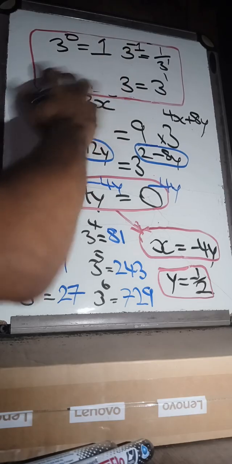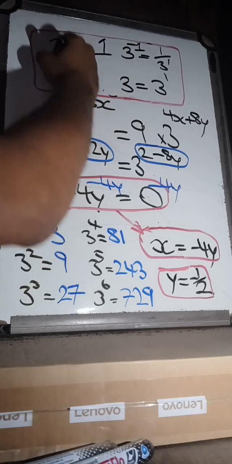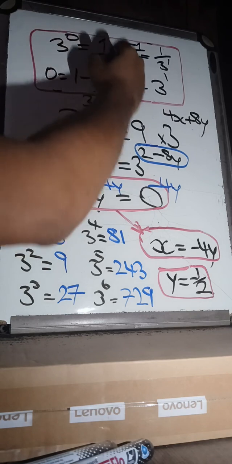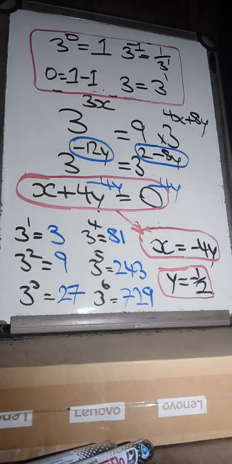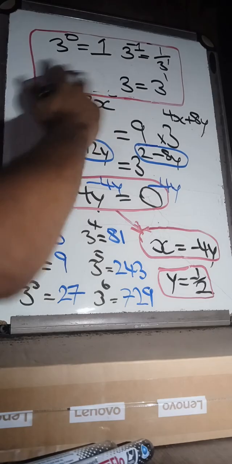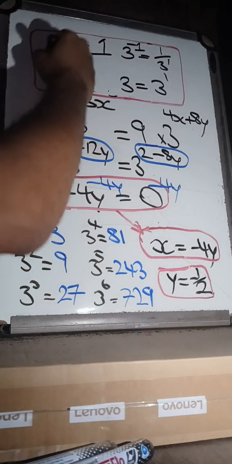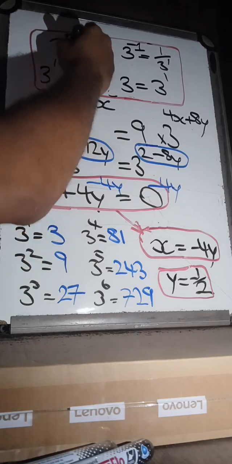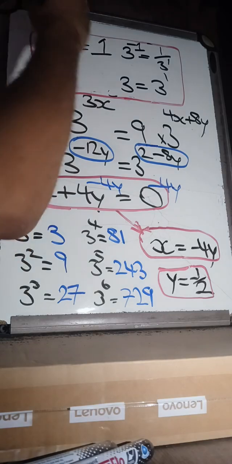But let's just focus on what we have here. The 0 equals 1 minus 1. It basically means that you can replace the 0 with 1 minus 1.